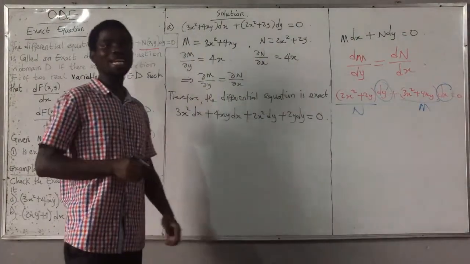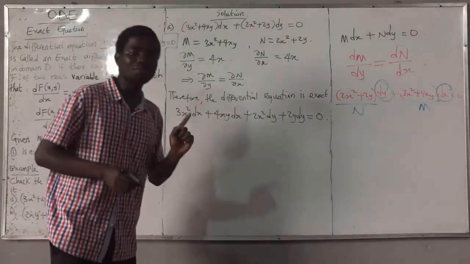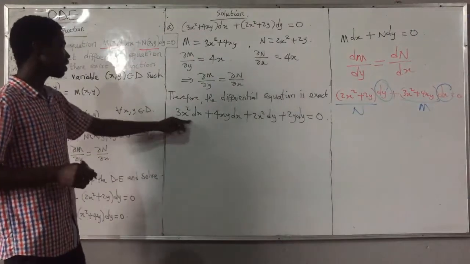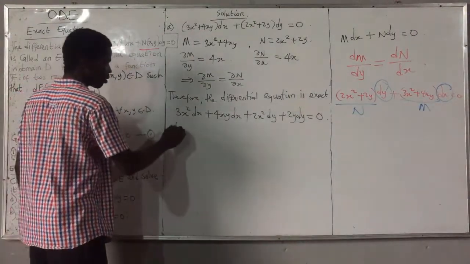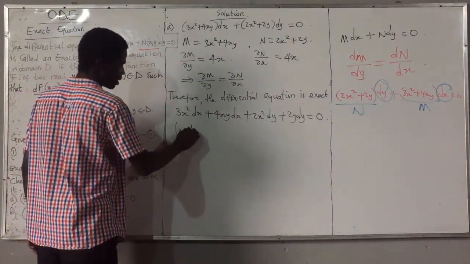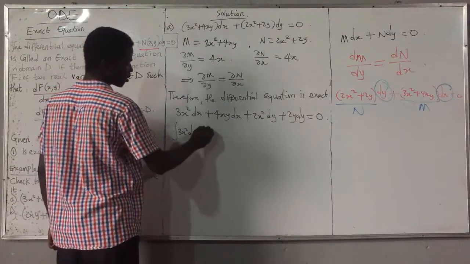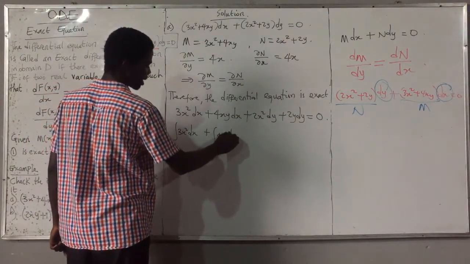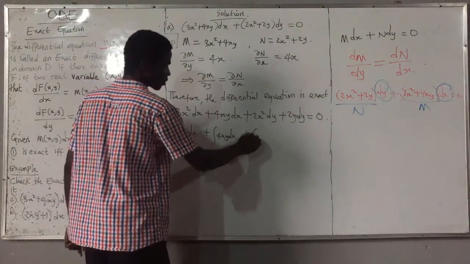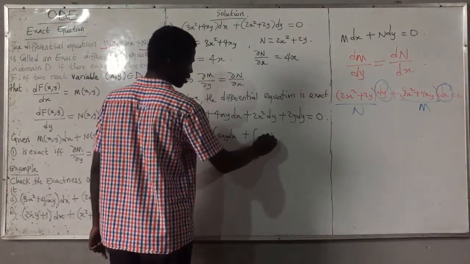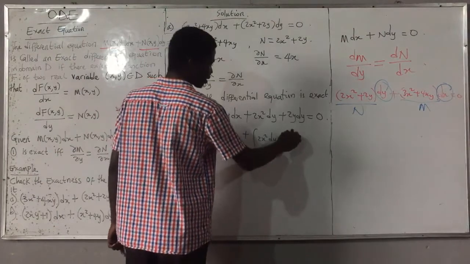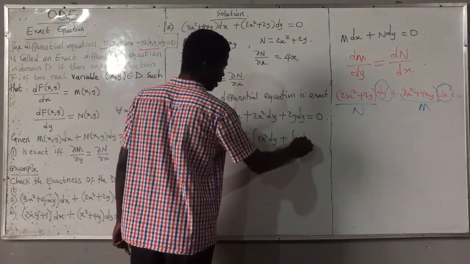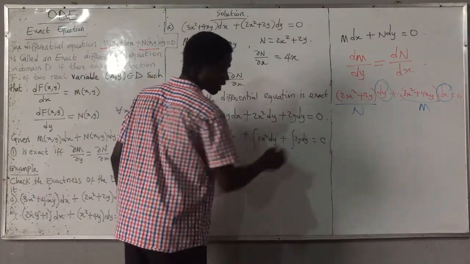So you will integrate them individually. So integrate this one. This is integral of 3x squared dx plus integral of 4xy dx. You will integrate this one again plus integral of 2x squared dy. You integrate this again, integral of 2y dy. If you integrate a constant, the answer is c.